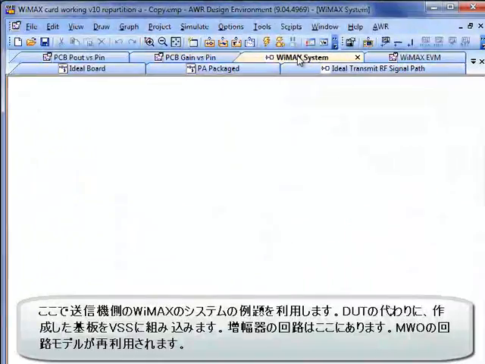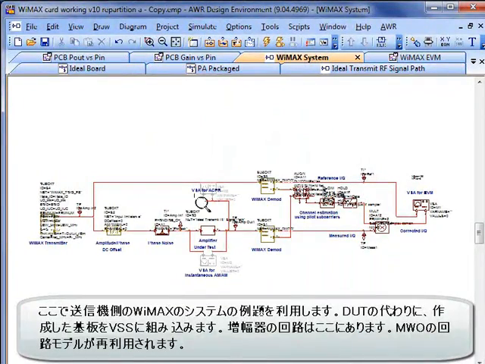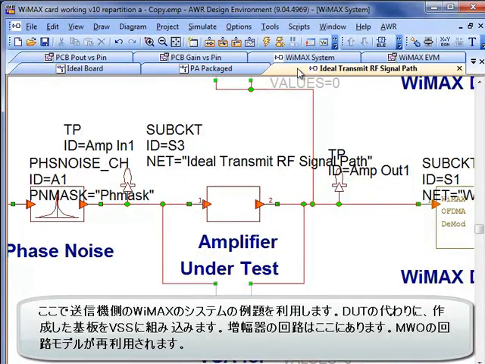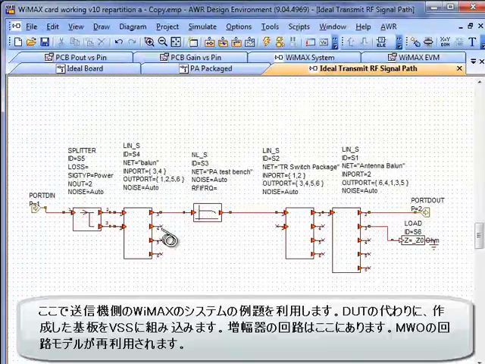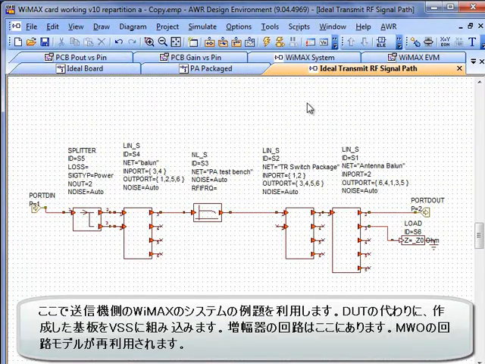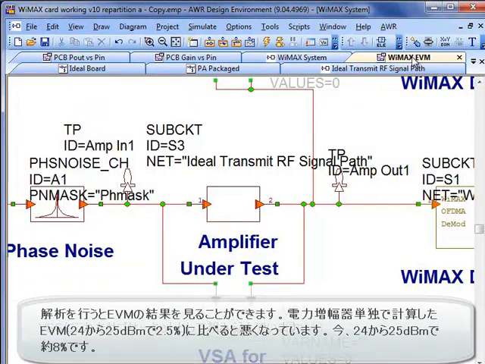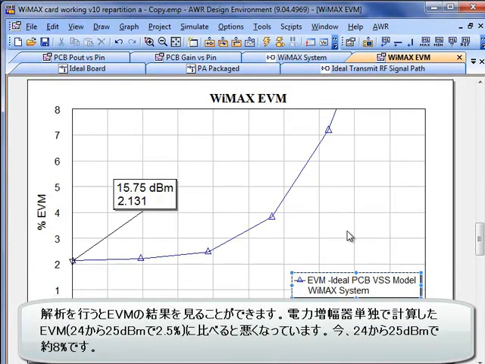Now we can take our WiMAX system for the transmit side, and instead of our amplifier under test, we insert that entire board subcircuit that we developed in VSS. Again, that's this circuit over here, reusing the models from Microwave Office. We embed that as a subcircuit in VSS, and when we do the EVM simulation that we've been looking at, you can see that we've degraded quite a bit from where the PA alone was.